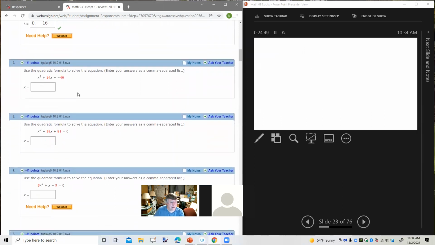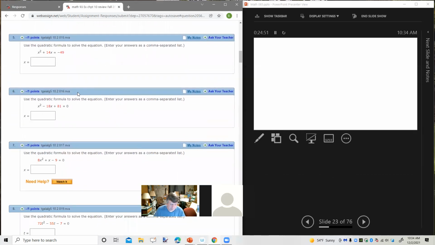Well, then let's move on to section 10.2, which was the quadratic formula. x equals negative b plus or minus the square root of b squared minus 4ac all over 2a. It says use the quadratic formula to solve the equation.